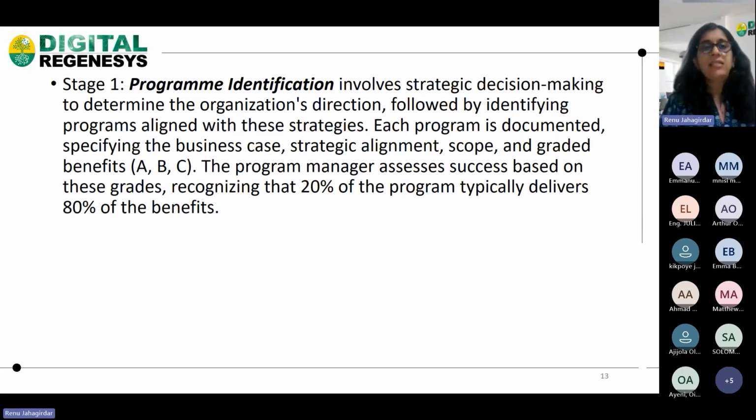That means the combination of projects which are brought together in a program should be such that just 20% of the total number of projects should be so strong that they give you the 80% of benefits.